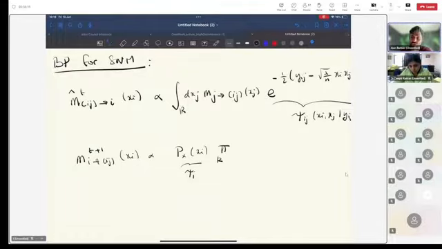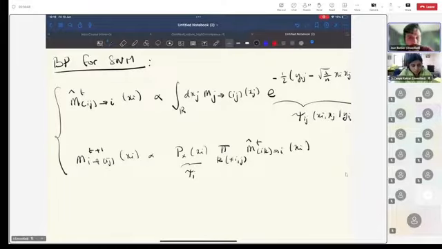A node is receiving information from the factors connected to all the other nodes. So it's a product over k different from i and j of m k to i at time t of xi. Okay, so this is BP for the model of interest.